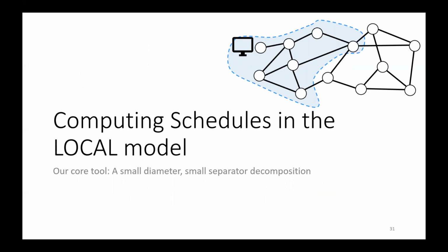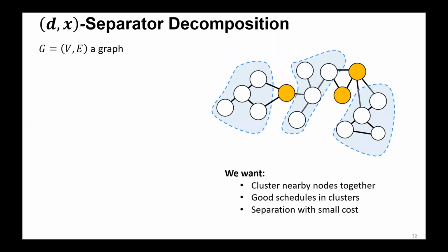What I present now is our core tool that we use to compute these, which is a small diameter, small separator decomposition. Because you've already seen that a node in this model can only learn some information from close by and coordinate with vertices that are close by, you want to group nearby vertices together.